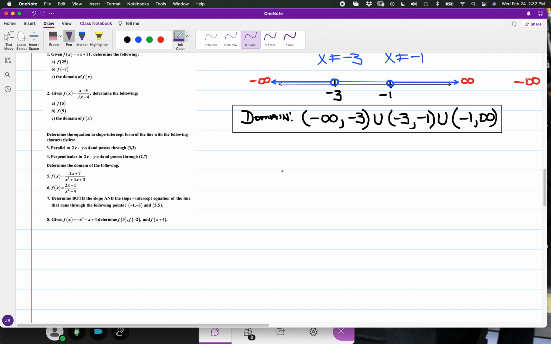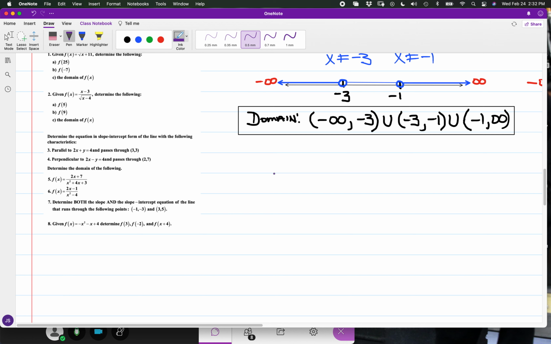For number 7, it says to determine both the slope and the slope-intercept equation of the line that runs through negative 1, negative 3, as well as 3, 5. So you have 2 points through which this line is going to pass.